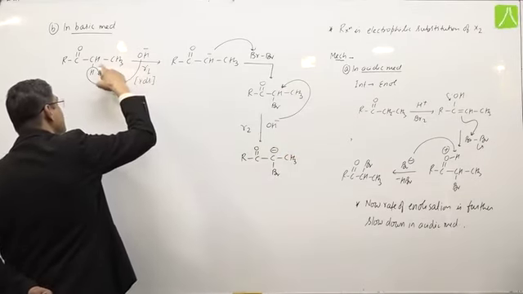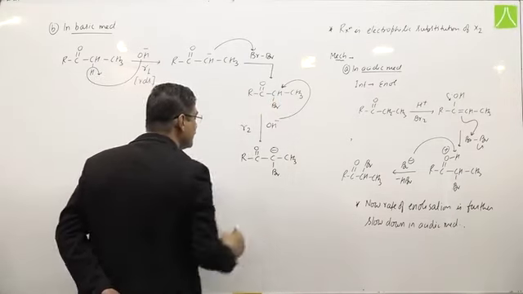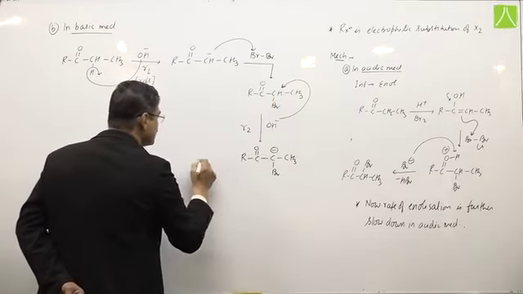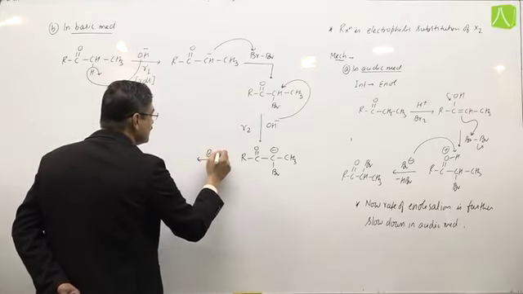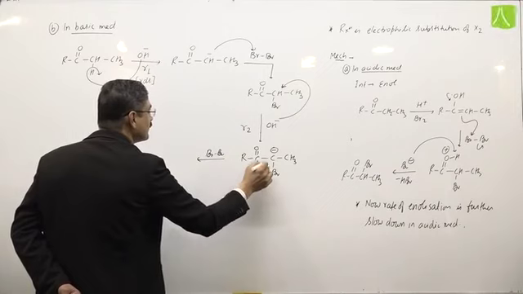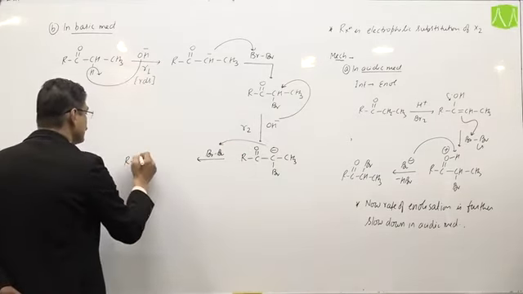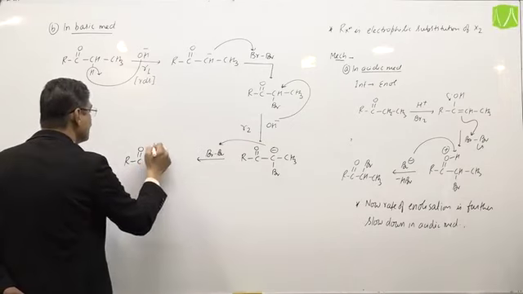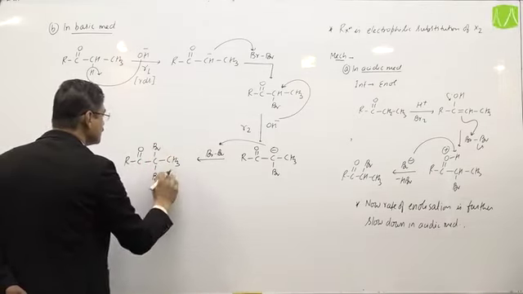In R1 acidic nature is less, but in R2 acidic nature is more because of the minus I effect. So the reaction does not stop in between. That's why all the alpha hydrogens are replaced by halogen.